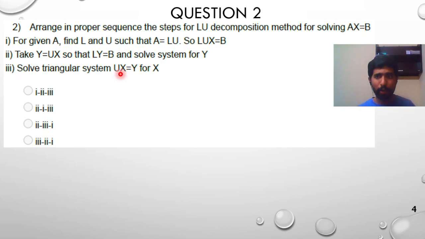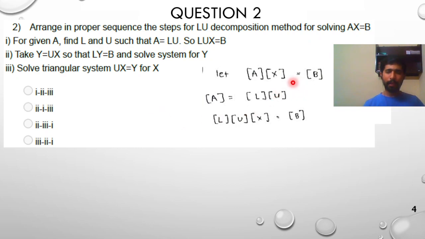So what should be the correct order here? Can you write it down on the chat box? I think whatever they have given is correct. Typically, first we decompose the A matrix into L and U, such that A is equal to LU, lower triangular and upper triangular.